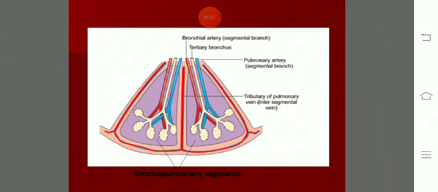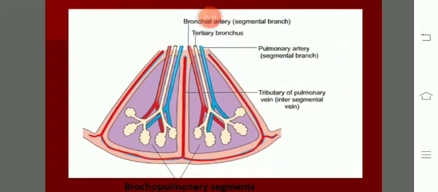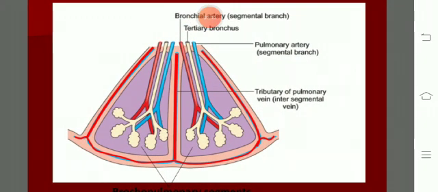A bronchopulmonary segment is the functional unit of lung. Each segment is that part which is aerated by a tertiary bronchus or segmental bronchus. Fine. And there are 10 bronchopulmonary segments on each side. On right lung you find 10, left 10.